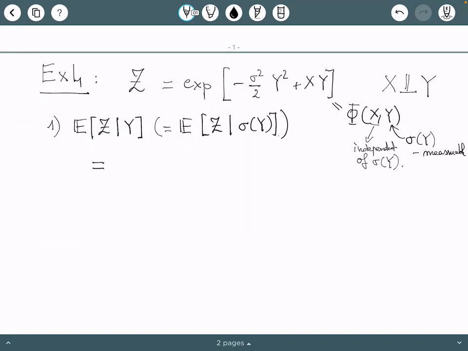So I have a formula for this quantity. It is the integral in x, so capital Y will be fixed, of exponential of minus sigma squared divided by 2 Y squared plus small x times Y dPx x.